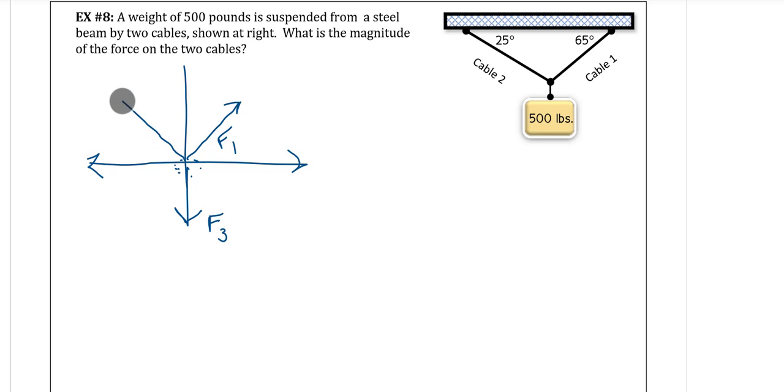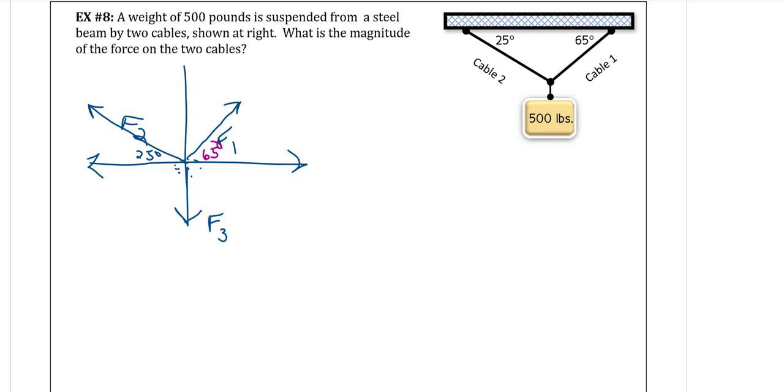And then we have this angle here. This is my F2, which is the force from the second cable. Now we know this is an angle of 25 degrees, and the other one is an angle of 65 degrees.